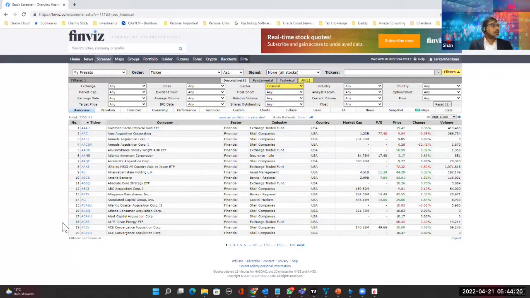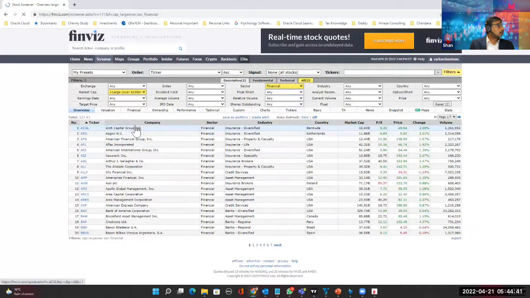So let's say I want to just follow the big ones, the top ones in the market. So I'll select the market cap. Let's say I'll select the mega ones only, or the large ones, let's say over $10 billion of market cap.